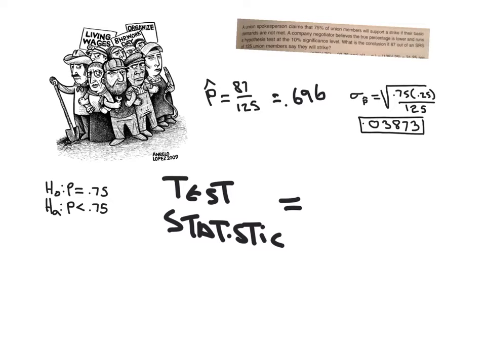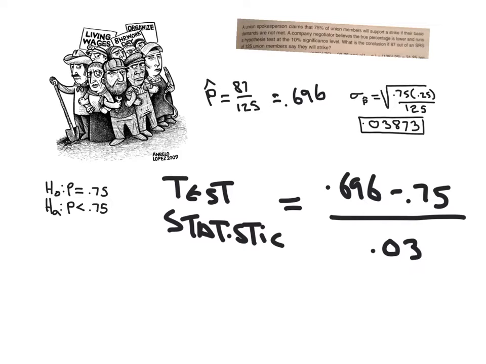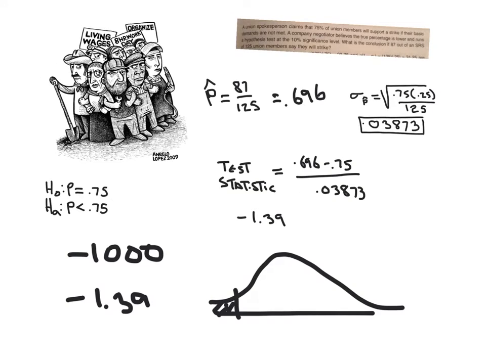So the way we do that is 0.696 minus 0.75, what we observe versus what they said it was, divided by the standard deviation. And what you get for that is basically this whole thing turns out to be about negative 1.39. Okay.